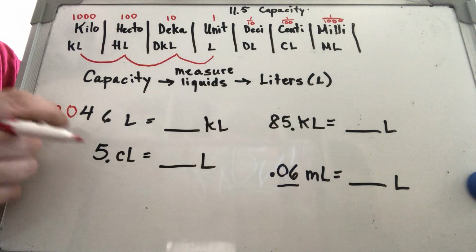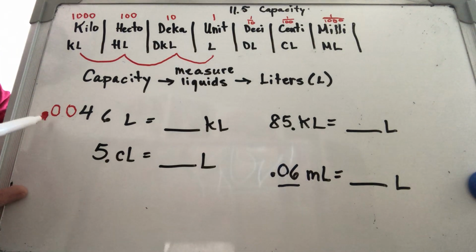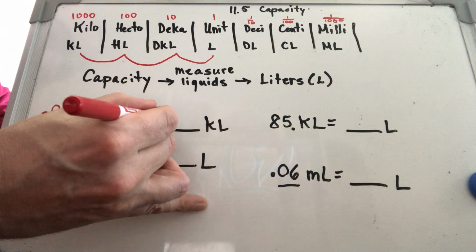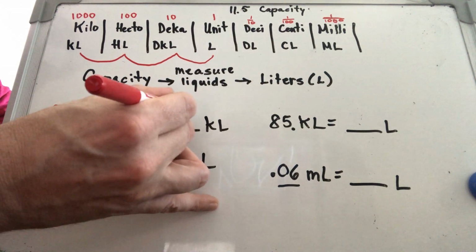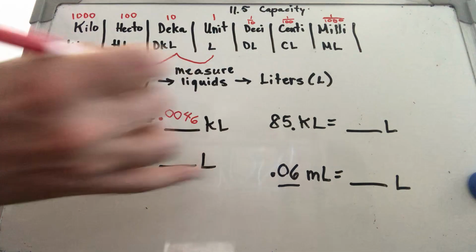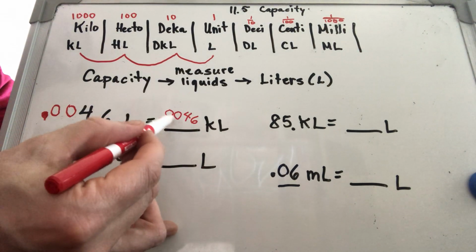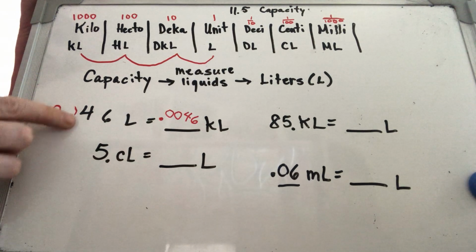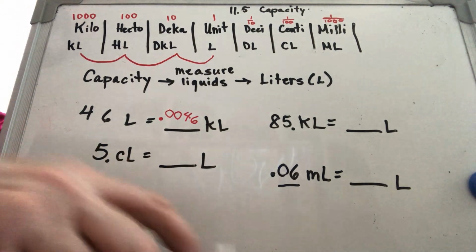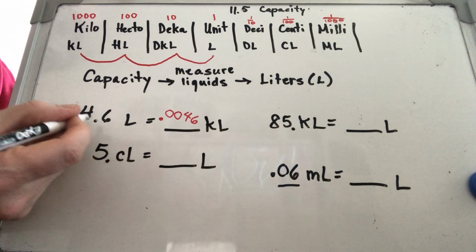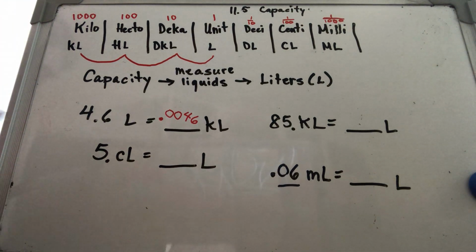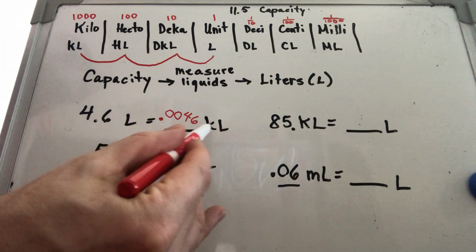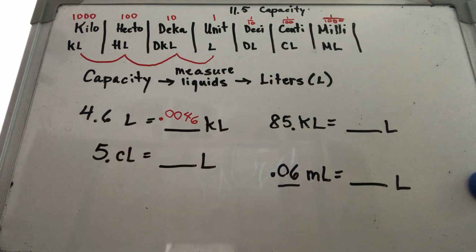So now I just found out that it was equivalent to 0.0046. That's actually 46 ten-thousandths. So we just figured out that 4.6 liters was actually 46 ten-thousandths of a kiloliter. Let's look at another example.